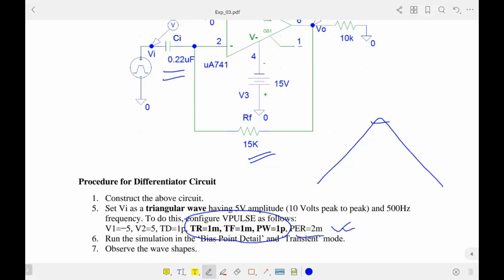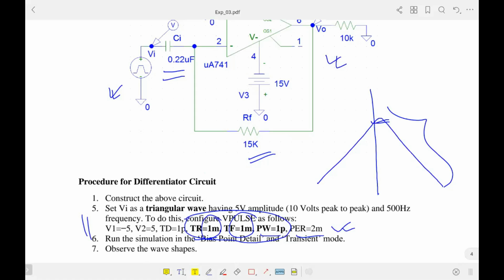That's why I have written pulse width equal to 1 pico, that is close to 0, and the rise time will be half period, and similarly the fall time will be the second half period. That's why 1 millisecond rise time and 1 millisecond fall time. So this will give you a triangular wave as input, and if you provide this triangular wave, the output you will get is a rectangular wave.